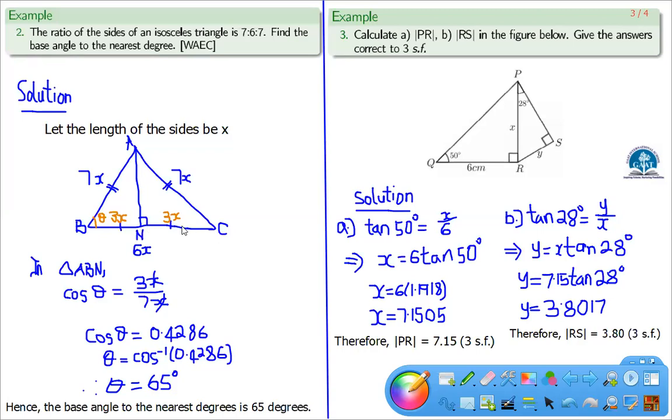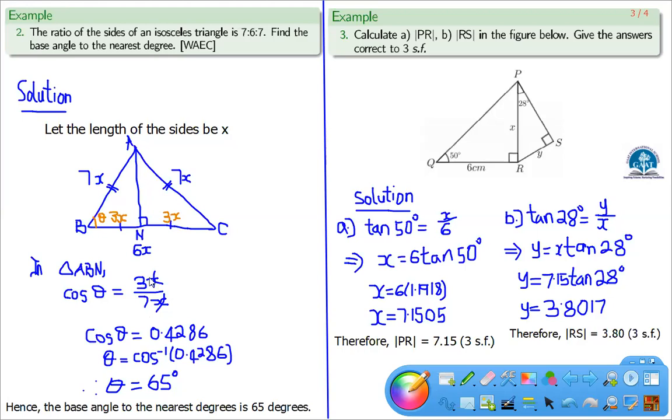Now looking at one part of the triangle, triangle ABN, I can deploy the trigonometrical ratio cos in solving for the unknown angle theta. Remember, cos theta is equal to adjacent over hypotenuse. In this case, the adjacent is 3x while the hypotenuse is 7x. So we have cos theta equals 3x over 7x.